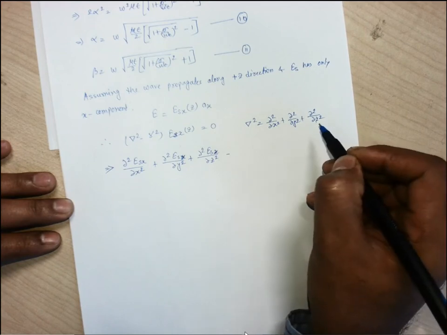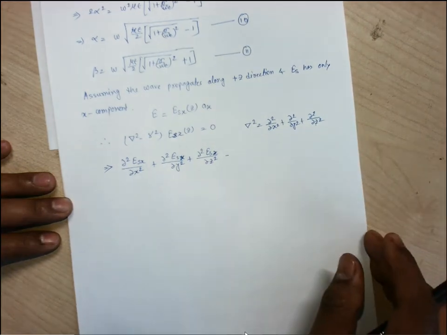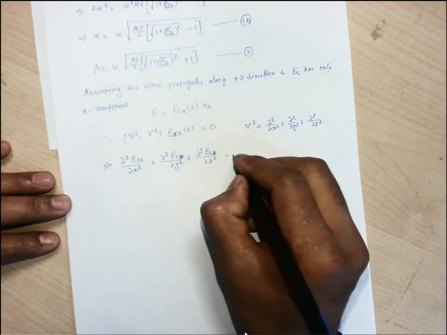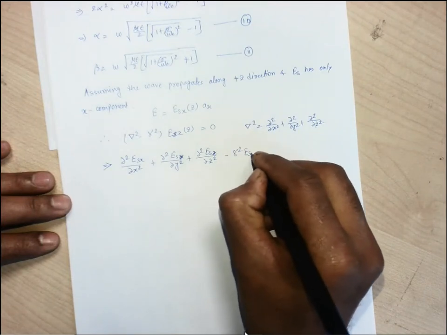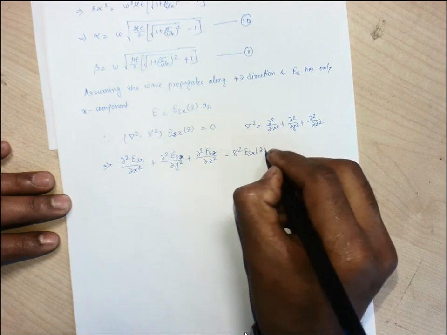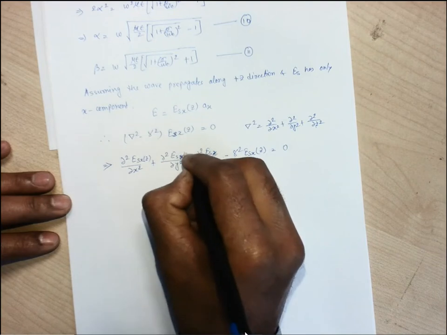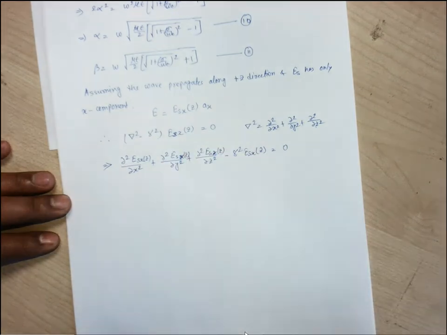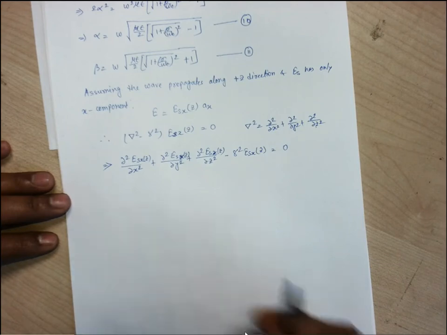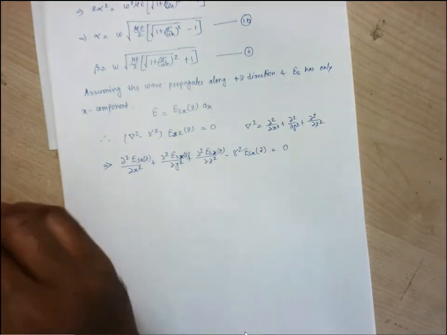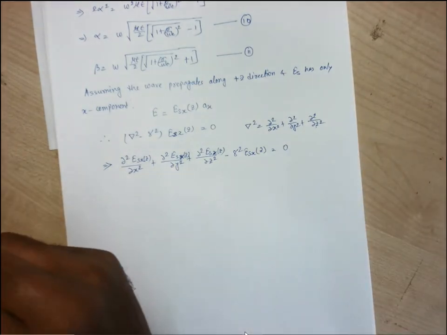So these are the variations with respect to the space coordinates, minus gamma square ESX(z) is equals to 0. It is having z, right? So all those variations will be 0 because the wave is propagating along the z direction.